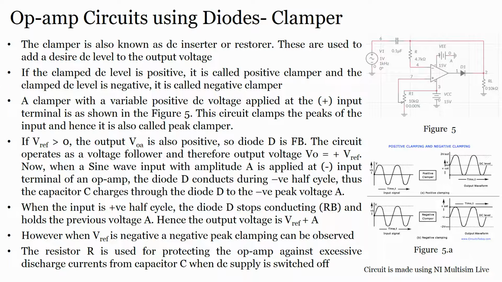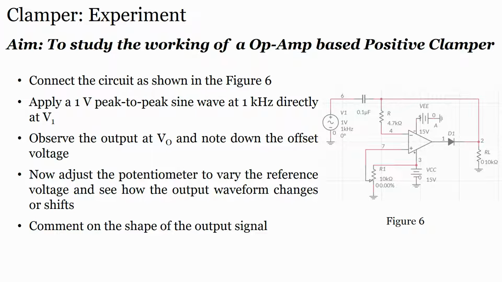But before we use Multisim, let us first understand what the experiment is. The experiment is how we can understand or study the working of an operational amplifier based positive clamper.